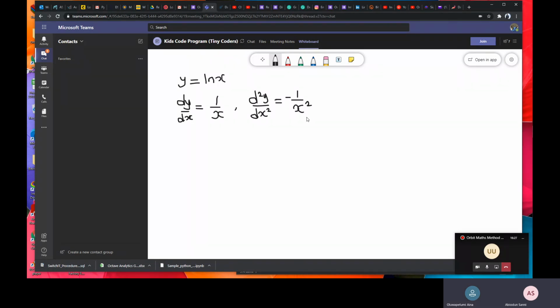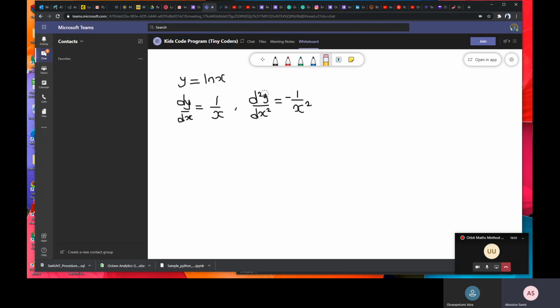Is that not what I'm supposed to get? If I differentiate 1 over x, isn't this what I'm going to get? Do you understand how I got this? Explain.